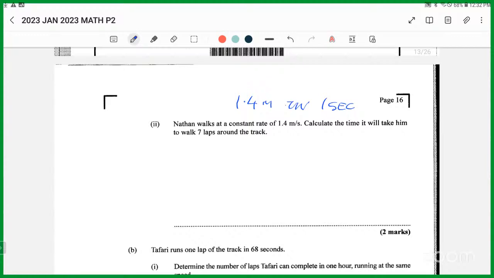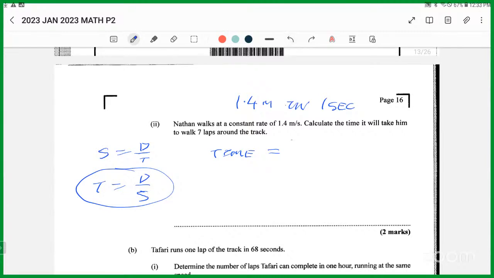I want to find the time. So you can say speed equals distance over time. I'm trying to find the time, right? The time equals distance over speed. That's how we calculate it. The time that he walks is going to be the distance. He walks 7 laps. Each lap is 350 meters.